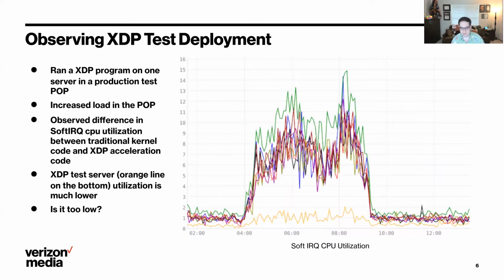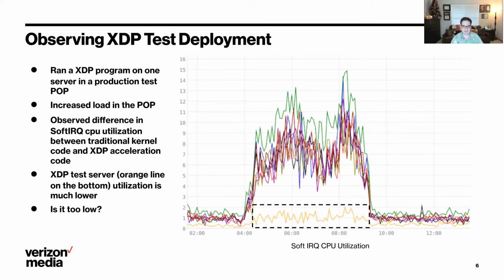At the point in time this conversation had occurred, we'd already started deploying XDP code into various test environments and into production. So in order for me to really understand things, I decided to start with a foundation. This graph shows a test environment that we have where one server, highlighted with the box, is running an XDP program, while the other servers are running the traditional kernel code.